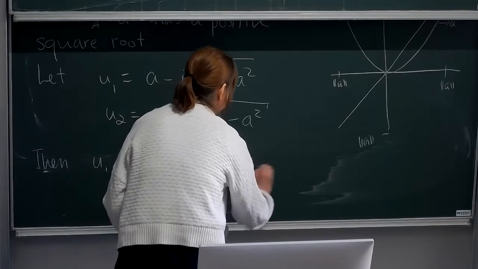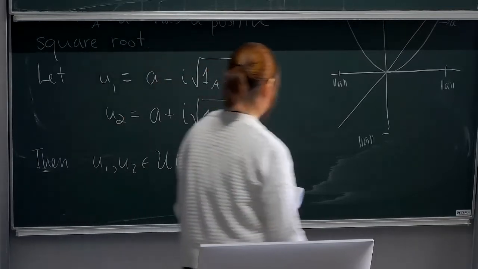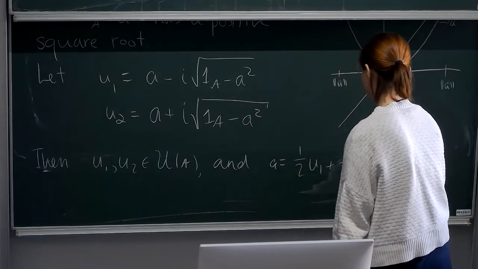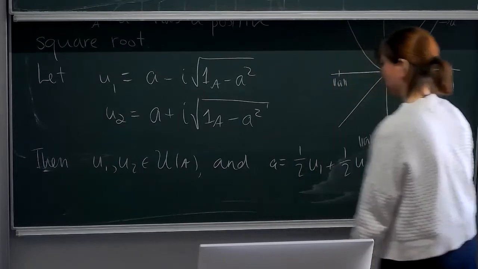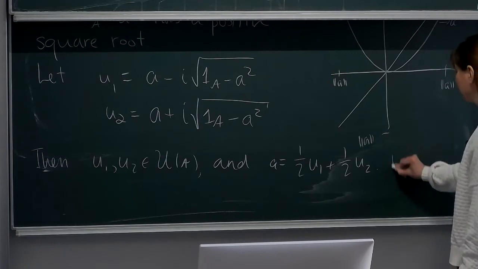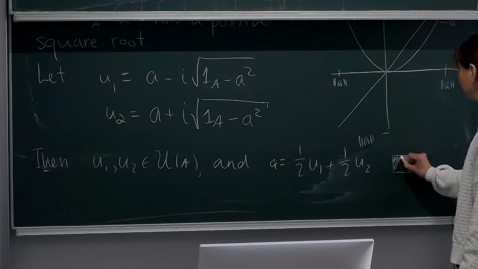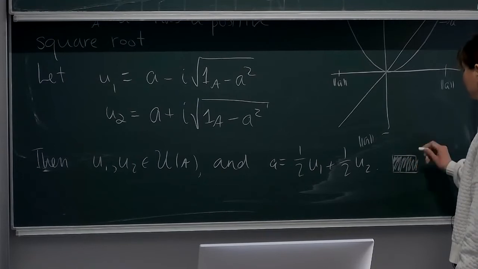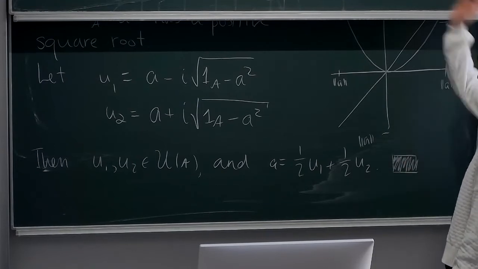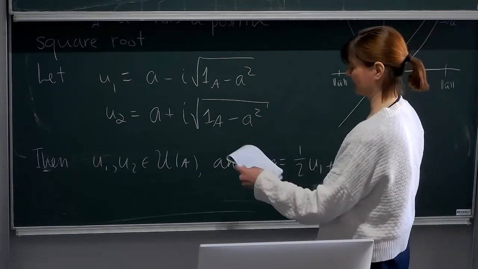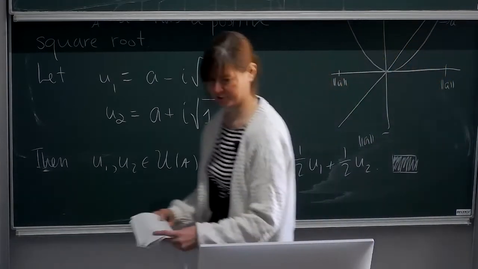And we have that A is equal to half U1 plus half U2. So we've shown that A is a linear combination of two unitaries, which by our assumptions is enough to show that that's true for all elements in the C-star algebra.